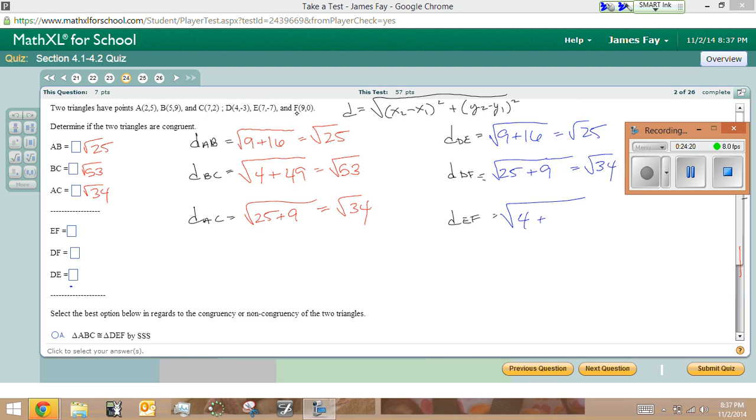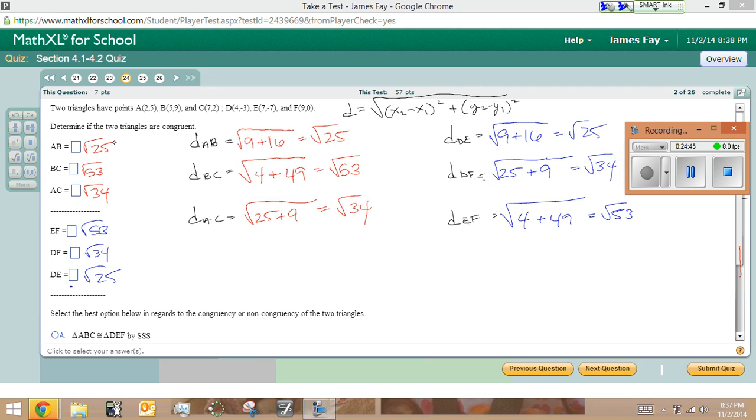And then 0 minus a negative 7 is positive 7, squared is 49. And then I get radical 53. So EF is radical 53, DF is radical 34, and DE is radical 25. Now you see that these triangles are congruent.